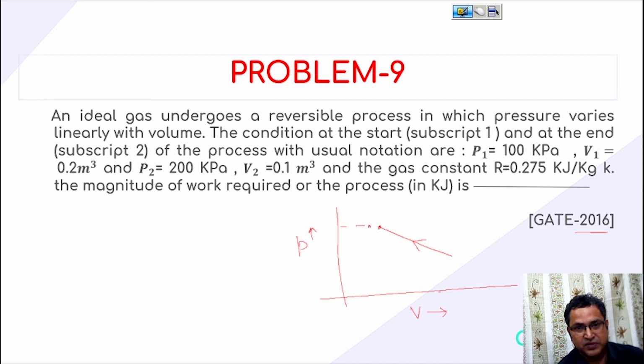What is the value here? This value is 200 kilopascal, obviously the value will be in kilopascal. And what is this value at location 1? This is our location 2. At the initial location it is 100 kilopascal.